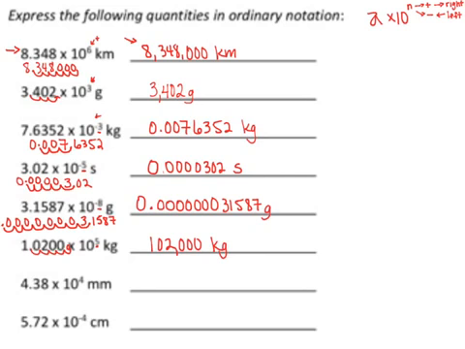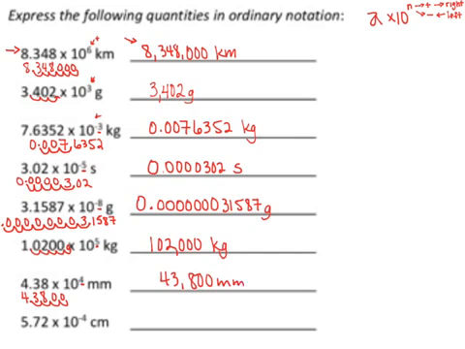Again, here I have a positive exponent, so my decimal point moves over 4 times. So 4.38, got 1, 2, 3, 4, add 2 more zeros at the end. So my number is 43,800 millimeters.